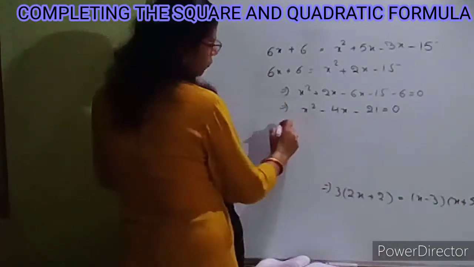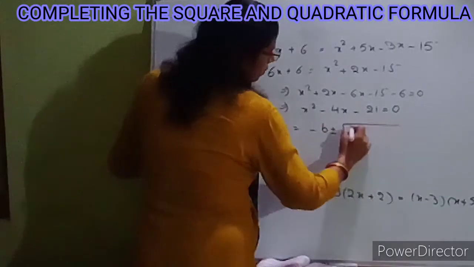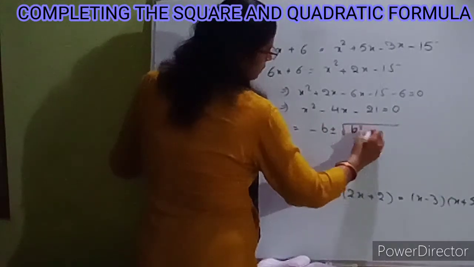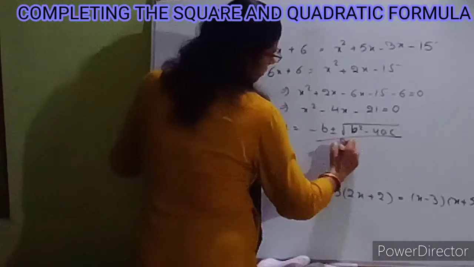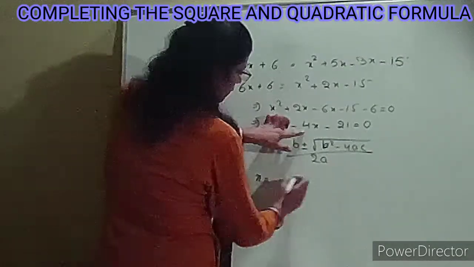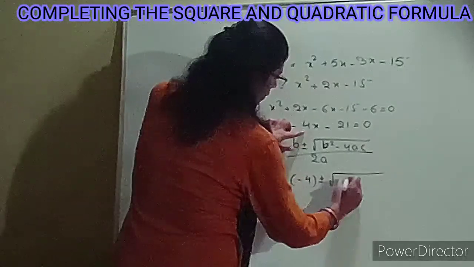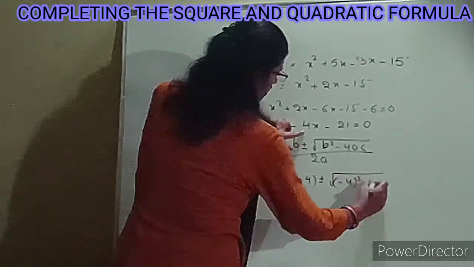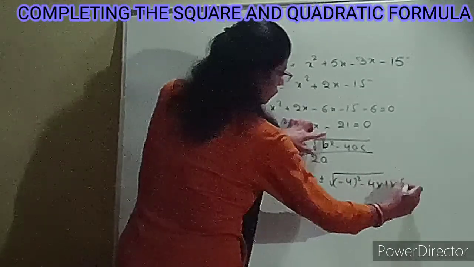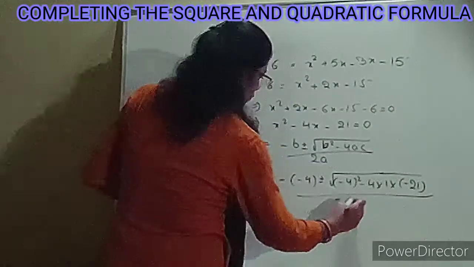Now I am using the quadratic formula: x equals minus b plus minus root of b square minus 4ac whole divided by 2a. x equals minus b, minus of minus 4, plus minus root of b square, minus 4 into a into c, where c is minus 21, whole divided by 2 into a.